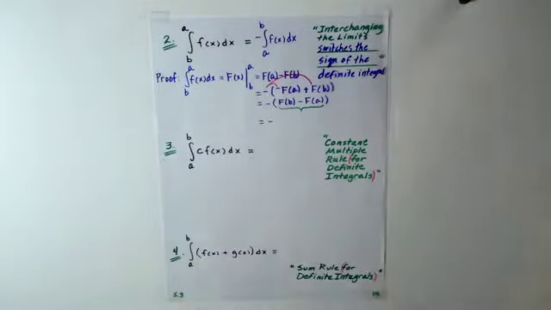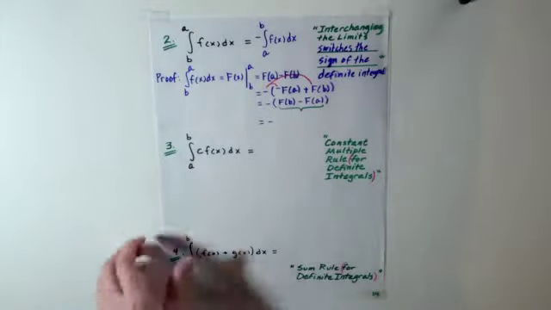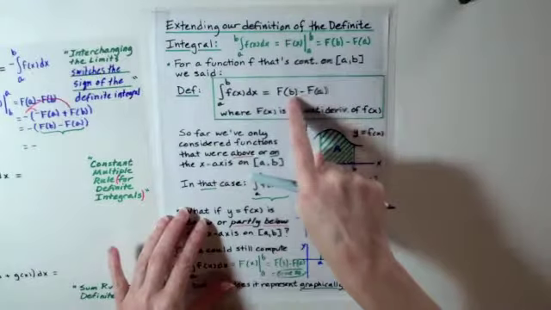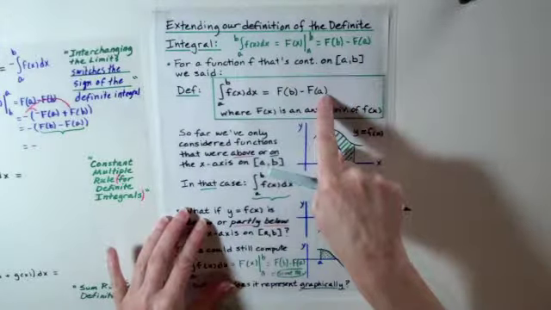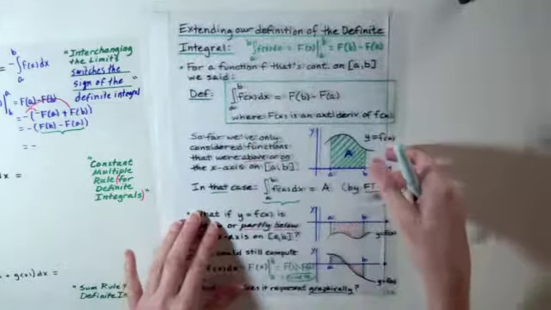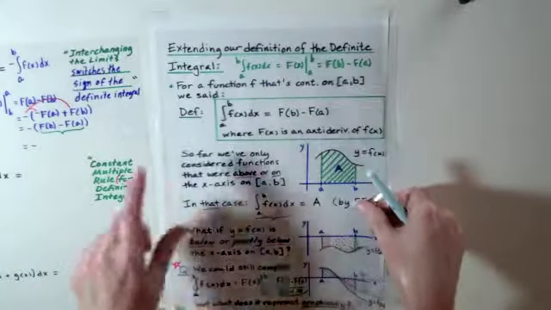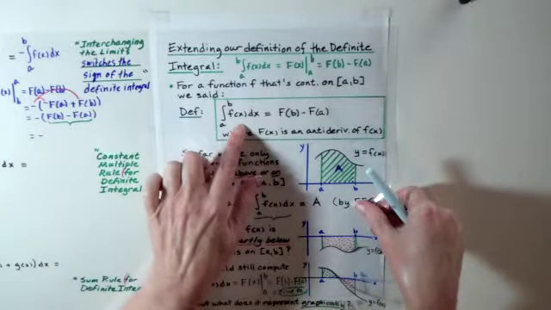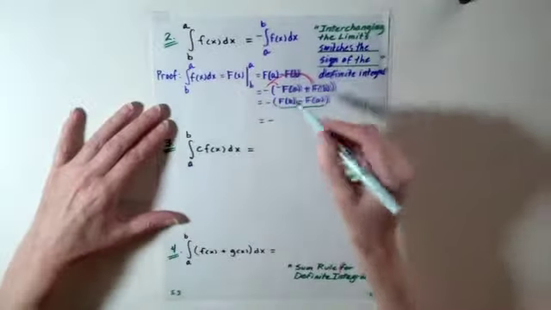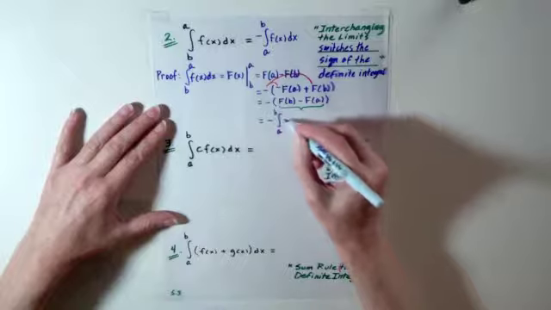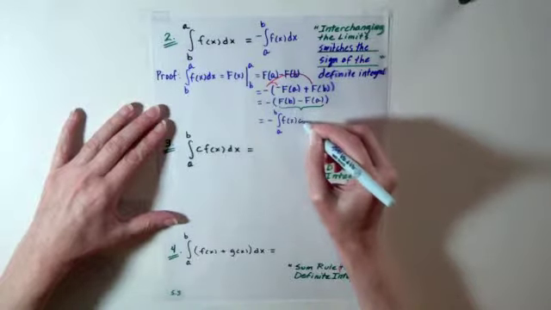If you go back a couple of pages where we defined what capital F of b minus capital F of a is, when we were defining the definite integral, capital F of b minus capital F of a is the integral from a to b of little f of x dx. So what's inside the parentheses on the right-hand side here is exactly the definite integral from a to b of f of x dx.